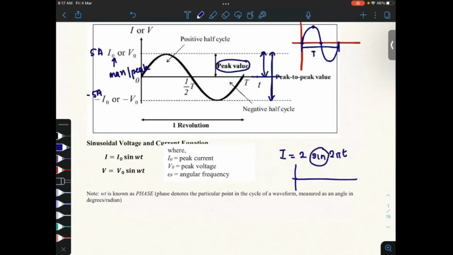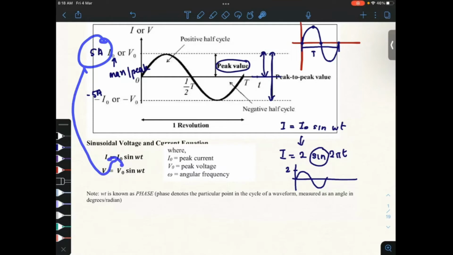So you're going to have a sin graph here. Okay. Lepas tu bila kita nak label peak dekat sini, kita akan tulis 2 lah sebab dia kata I0 kamu adalah 2. You have to compare dengan yang general iaitu I0 sin omega t. Kita compare. So kita boleh dapat nilai peak dia daripada equation itself. Ataupun kalau dia bagi graph, daripada graph kita boleh keluarkan letak dekat sini 5 sin omega t tu.